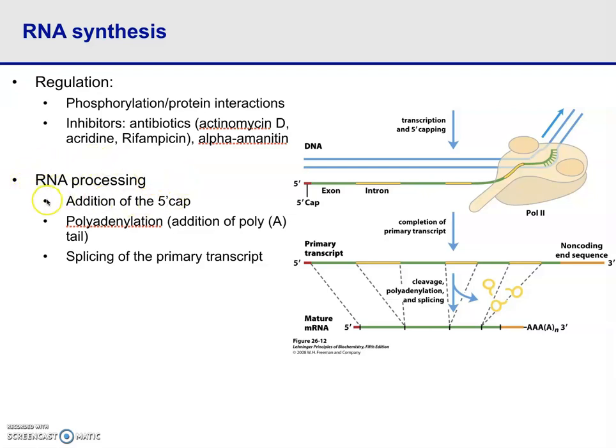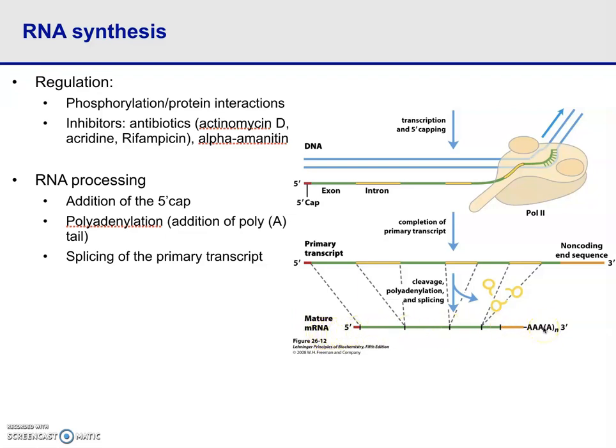One way for a regulation of transcription is by processing the product, or mRNA processing. As you can see, the initial product of transcription is called a primary transcript, or immature RNA, which later on, after processing, becomes mature, or final mRNA.